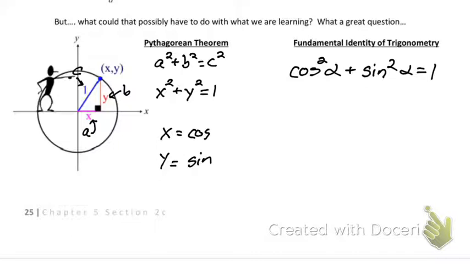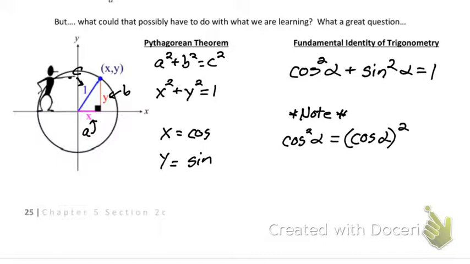I'm going to put a little note because this gets confusing to people. Cosine squared alpha is the same thing as cosine alpha squared. You are just squaring a value.